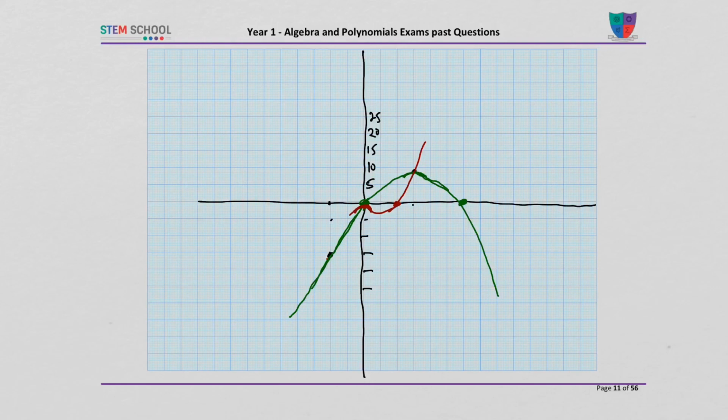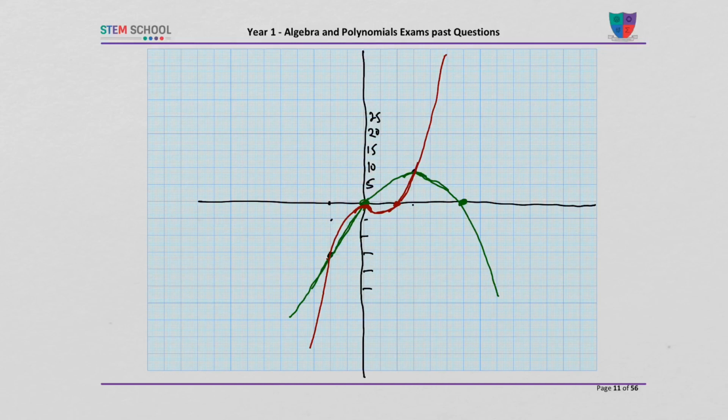So the cubic is going to go here and go there. That's it. The green is the quadratic and the red is the cubic.